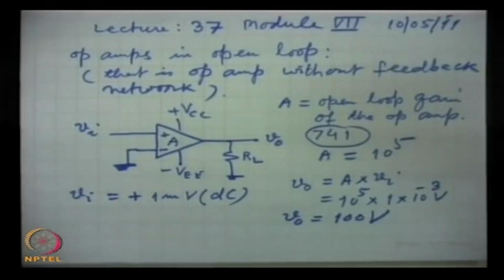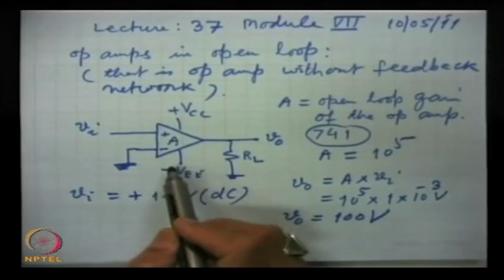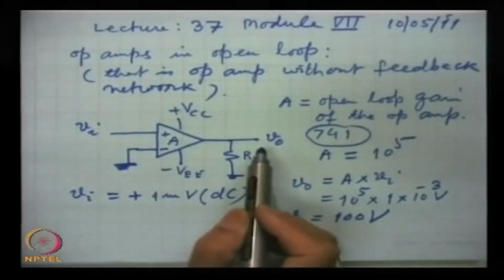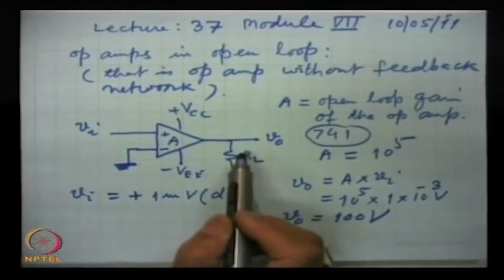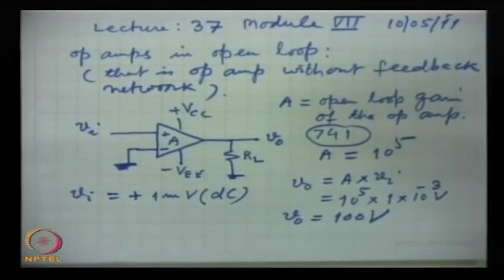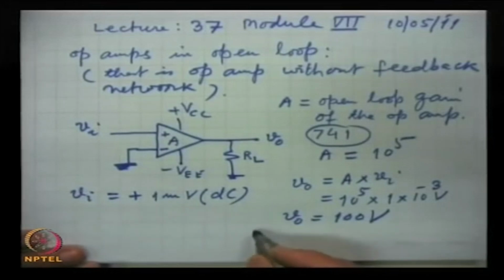Now, a very fundamental thing is that in a circuit, the output voltage cannot exceed the maximum DC voltages available or applied to the circuit. Therefore, instead of 100 it will saturate at V sat.